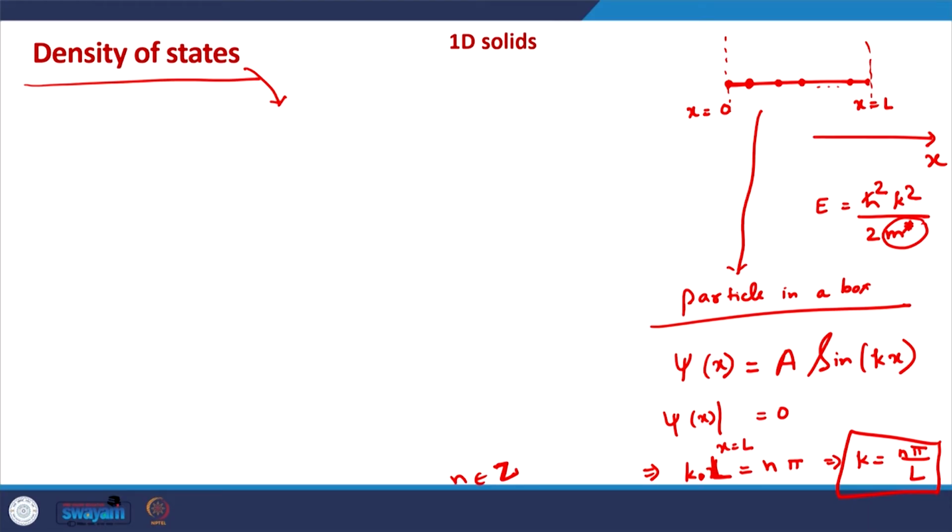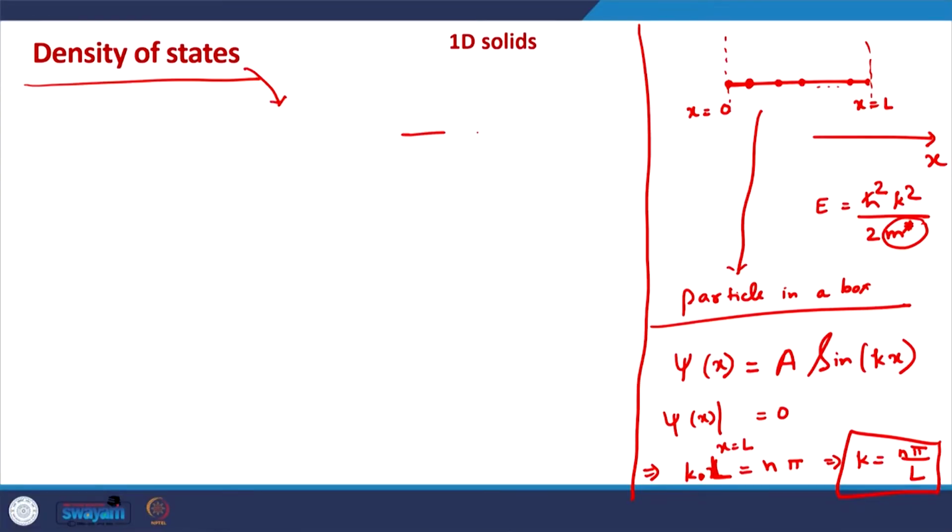And in density of states, not only do we need to solve the Schrodinger equation for the electron, we also need to count the number of allowed electronic states in the material. And in order to count the number of states, we make a shift to k space.